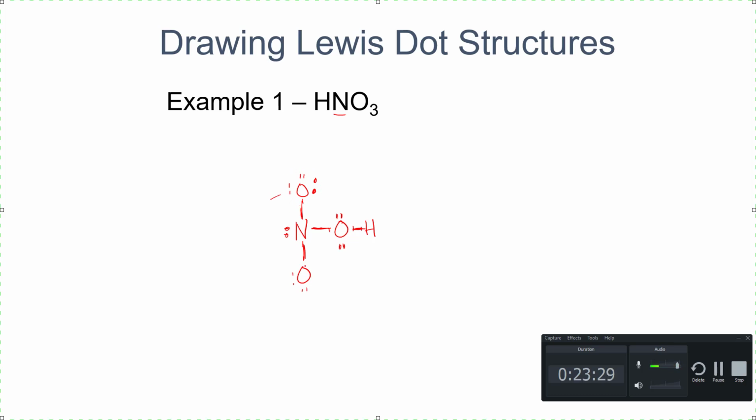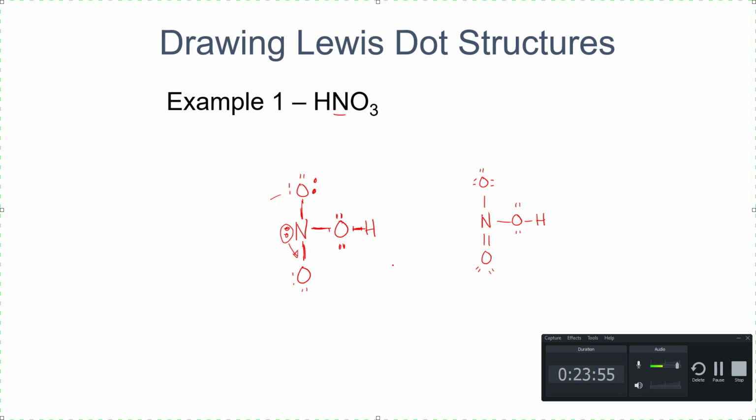But now this oxygen has 2, 4, 6. How about I take this pair of electrons on the nitrogen and I use it to form a double bond? And so if I do that, I think I now have all of my atoms having octets, except hydrogen.